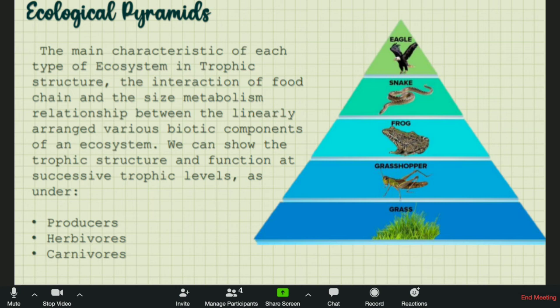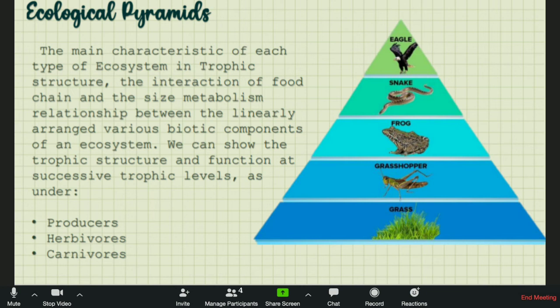Ecological pyramids. The main characteristic of each type of ecosystem is its trophic structure, the interaction of food chain and the size-metabolism relationship between the linearly arranged various biotic components of an ecosystem.